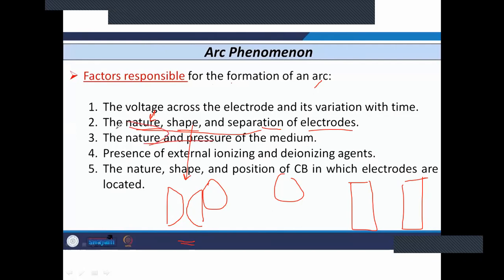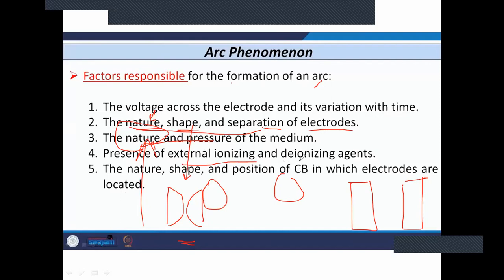What type of medium: whether it is solid, though solid cannot be used in circuit breakers. It may be vacuum, air blast medium, SF6, or also some oils, ester, ether, etc. And the pressure of the medium, and the presence of external ionizing and deionizing agents. The greater the external ionizing agent, the greater the chance of arcing.